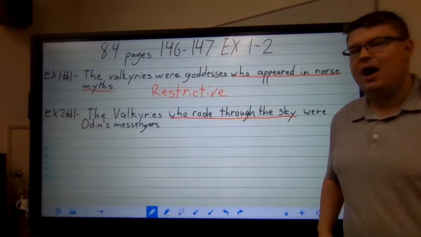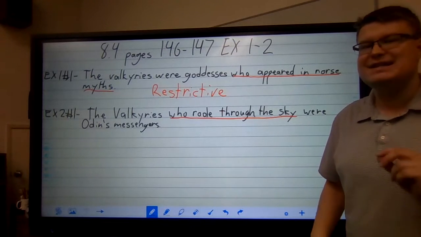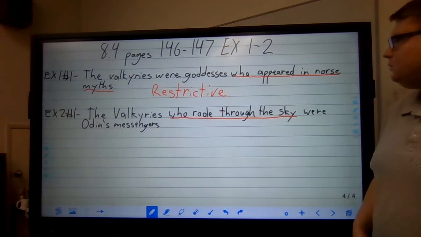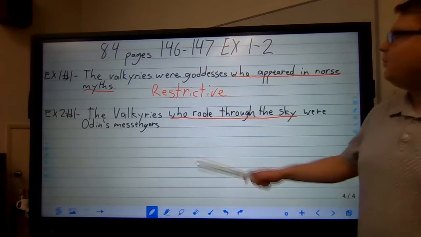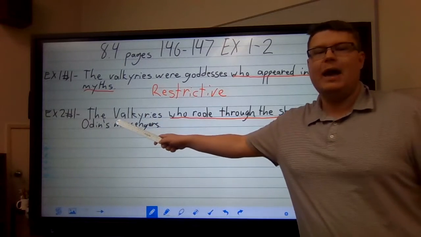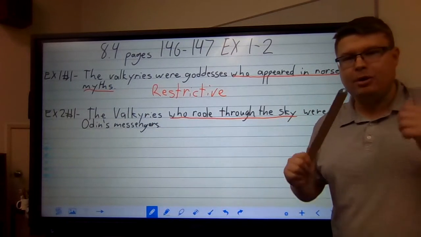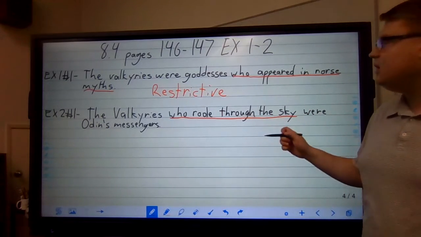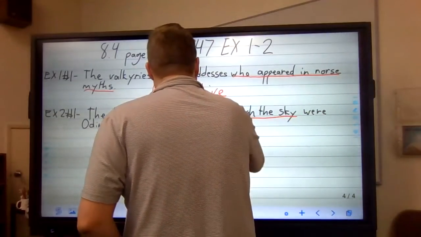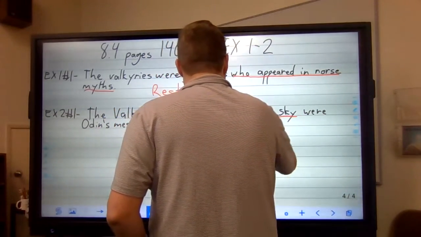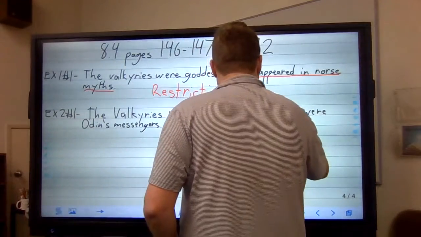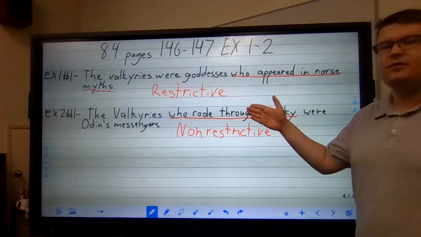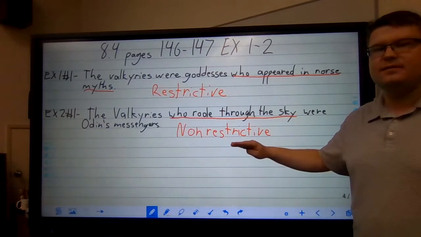Remember, the proper noun method will always work to decide whether a sentence is restrictive or non-restrictive. If we look at the noun before who, we have Valkyries with a capital V. That makes it a proper noun. If a proper noun comes before the clause, we know that this is non-restrictive. You will then write, after your phrase, non-restrictive.